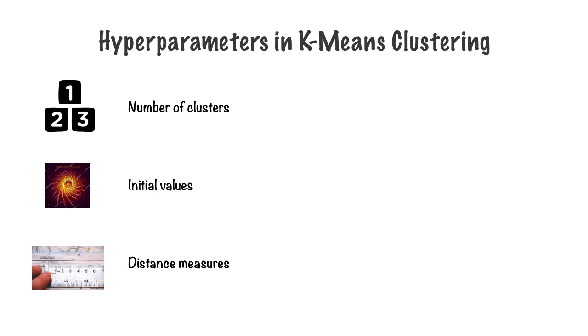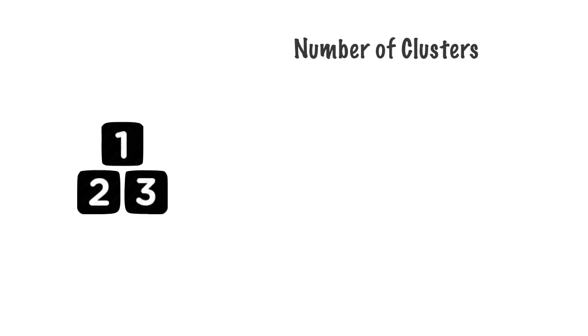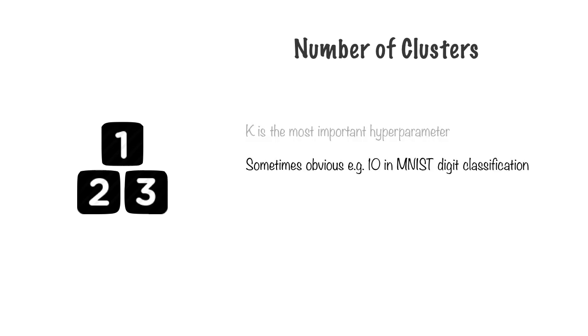Let's start off by looking at the number of clusters. The most important hyperparameter that you need to specify in k-means clustering is basically k, the number of clusters or groups you want to divide your data into. Now, sometimes the value of k may be obvious. Let's say you're using k means clustering as a way of grouping together MNIST handwritten digits.